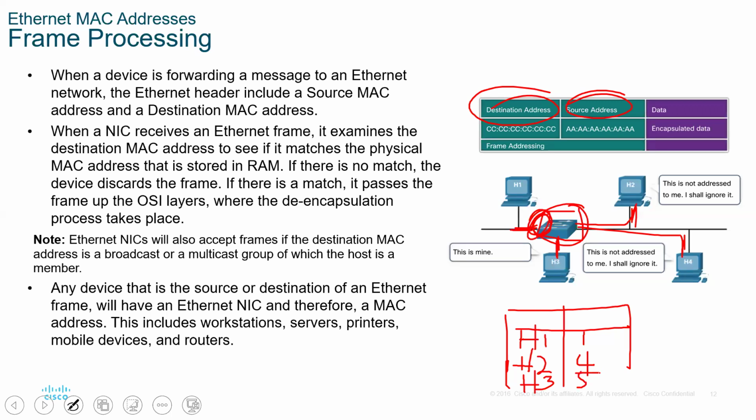So the same thing goes for host 4 and so on and so forth. So if a frame comes in, the switch will check the destination MAC address. And if it sees that this MAC address matches the information in the MAC table, belonging to probably H2, then the switch will forward that particular frame through port 4.